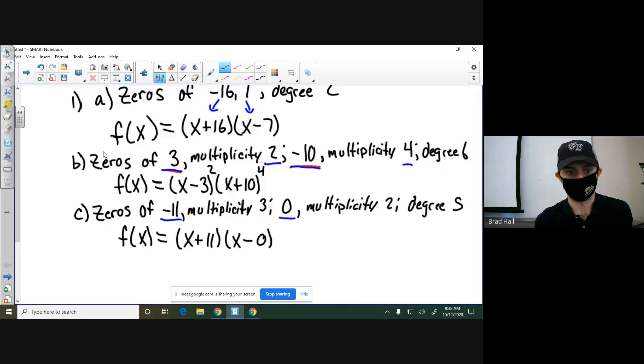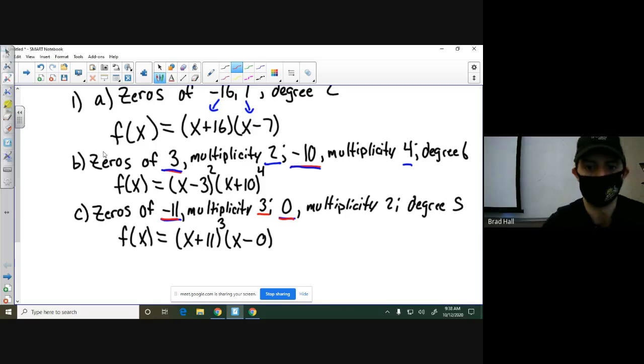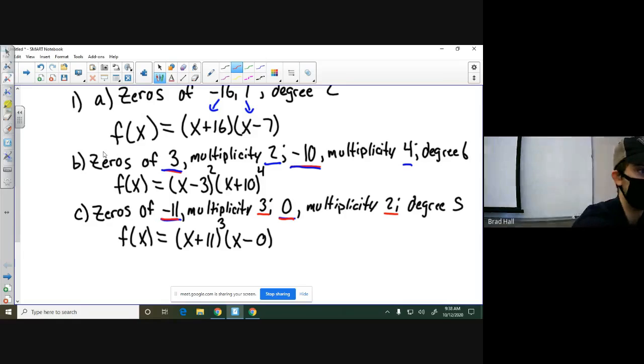That's perfectly fine. I am almost certain that my math lab will still accept that, but I'll show the safe simplification step in a bit. So with the 0 of negative 11, the multiplicity is 3, so the exponent is simply 3. And then for 0, the multiplicity is simply 2.